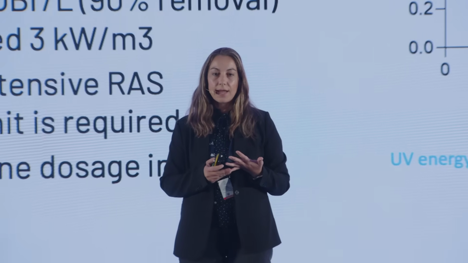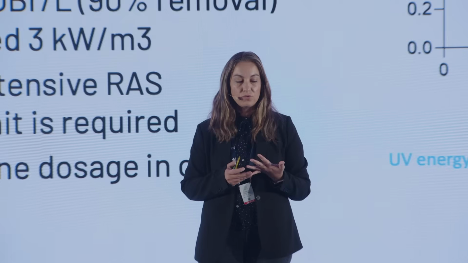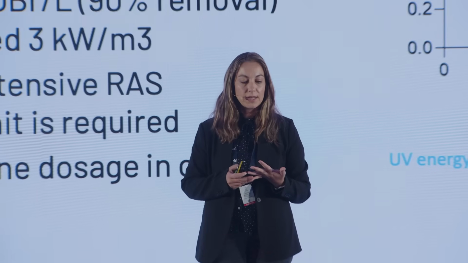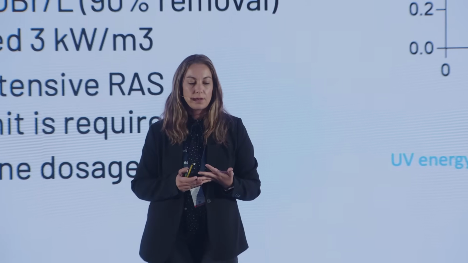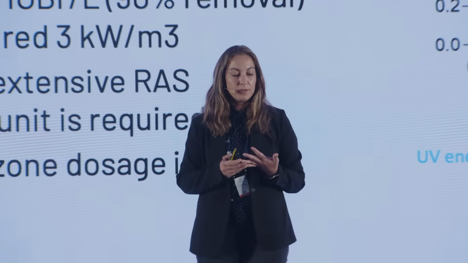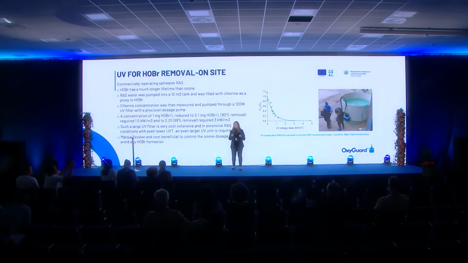And to remove 99% of this 1 milligram per liter of hypobromous acid, we needed double this amount, so 3 kilowatt per cubic meter. This amount is huge if you consider that we are talking about a side stream experiment.